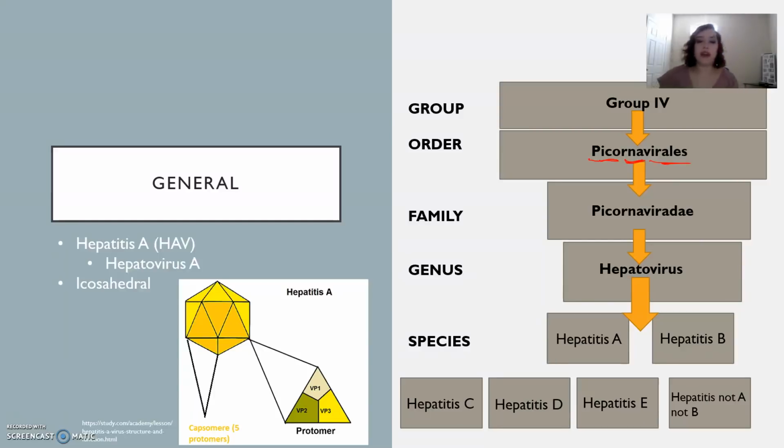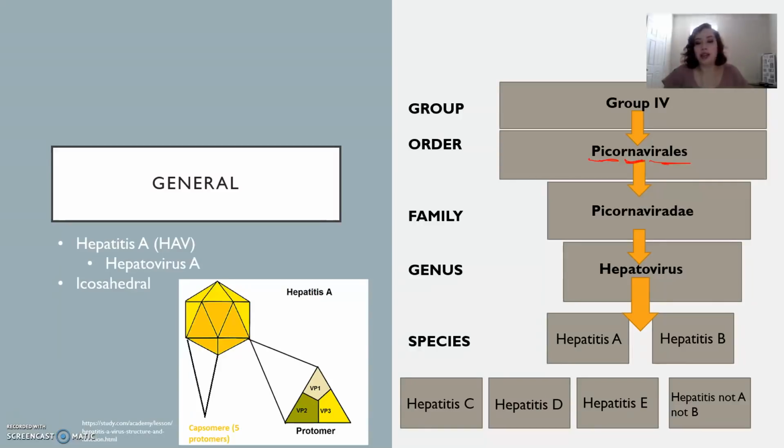hepatitis A virus. We can see that there are all different types of species of hepatitis. Sometimes it is called hepatovirus A, but in most layman's terms, it is called hepatitis A. And we have B, C, D, E, and then recently there's been a disturbance of another hepatitis, called not A, not B, because it presents itself similarly to those two, but it's not those two.